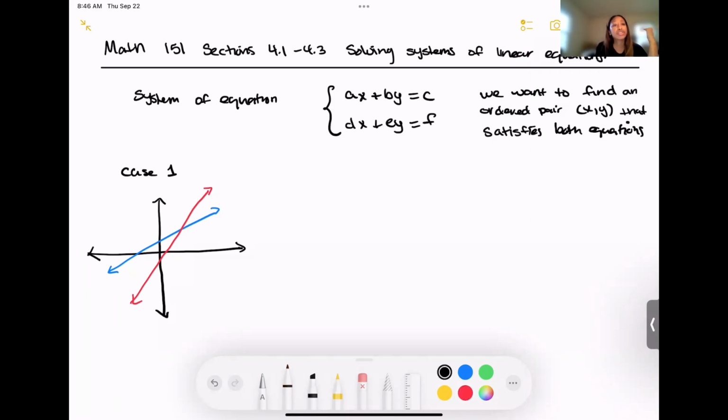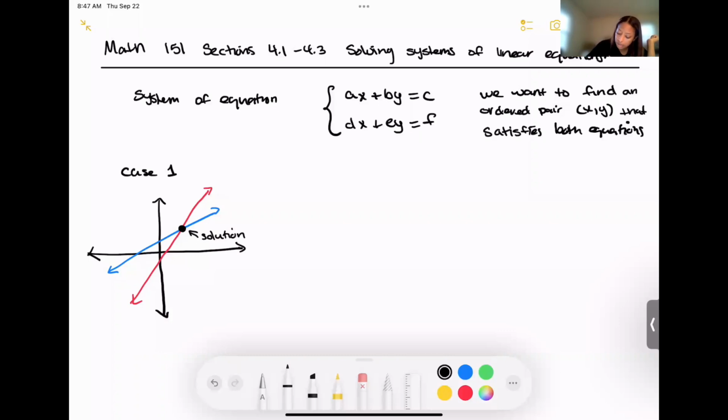If the two lines cross, then there's only going to be one point that gives us a solution to both of these equations. That point would be the intersection point. So this intersection point here would be the solution. I'm going to come back to some special names that we have for these things. We have one solution versus having multiple solutions. All right, so that's case one.